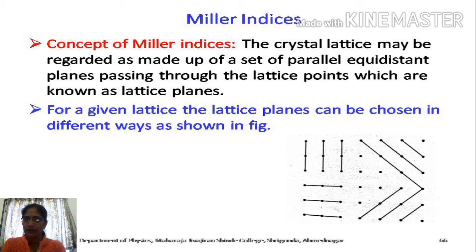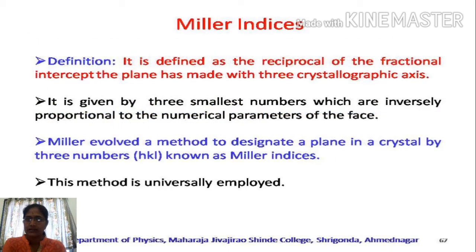Then for a given lattice, the lattice planes can be chosen in different ways, and Miller has assigned the smallest three-digit number to define a set of parallel planes, and that index is called the Miller index. So let's define Miller index. It is the reciprocal of the fractional intercept made by a given plane with three crystallographic axes.